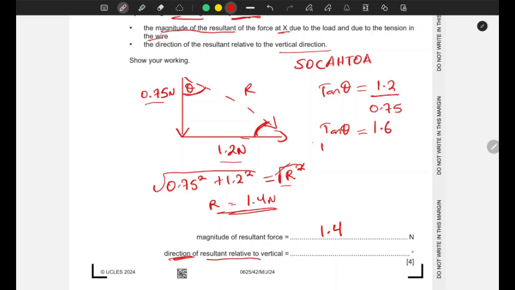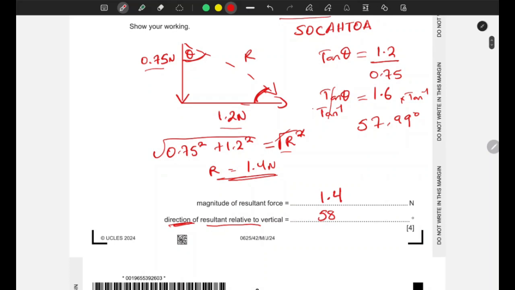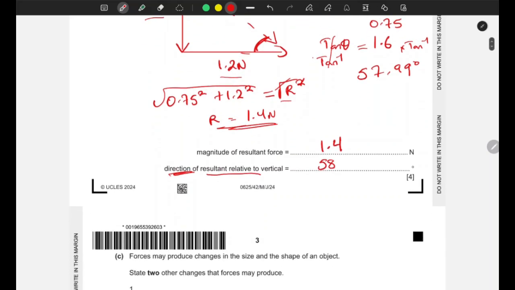If we do tan inverse on both sides, that would give us 57.99 degrees, or we can just write it as 58 degrees. That's how we could easily get those 4 marks. So it's 58 degrees to the vertical and 1.4 newtons.